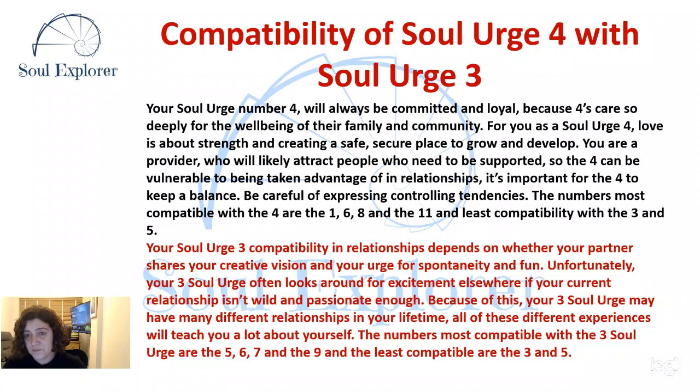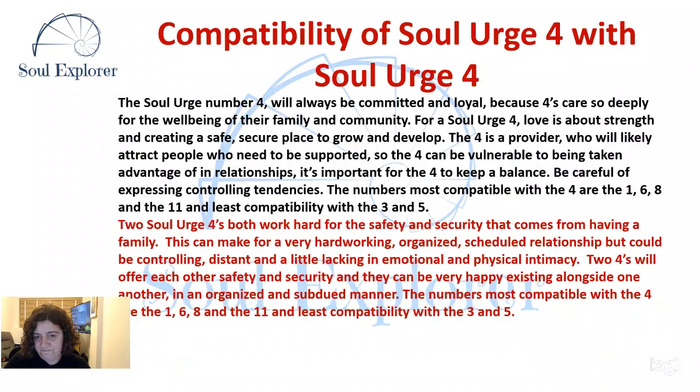The least compatible with the soul urge 4, as we said, is the 3, and of course the 5, because they're like the 3, they're quite scatty, but I'll tell you a bit more about that in a minute. So yeah, the 4 and the 3, it's doable if you understand each other, but they're not really considered very compatible soul urge numbers.